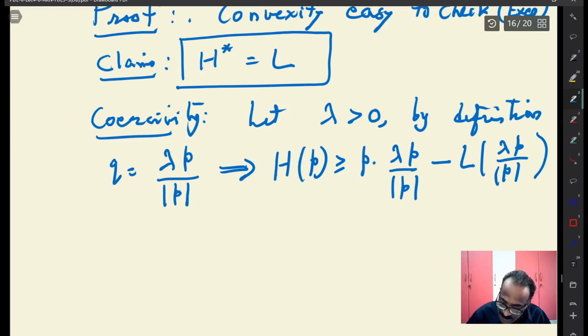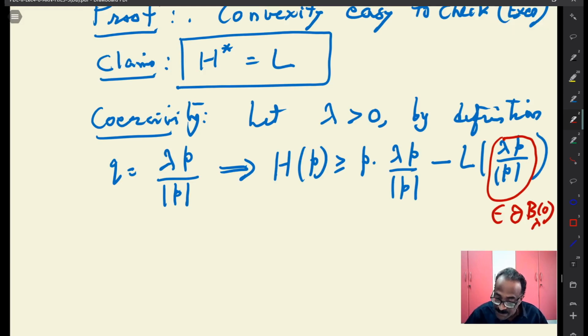Look at this vector. This vector belongs to the ball of radius lambda. That means it is on a compact set, so therefore this has a maximum. You see? So you check these proofs. Because L varies over the boundary of a fixed ball, this has a maximum.